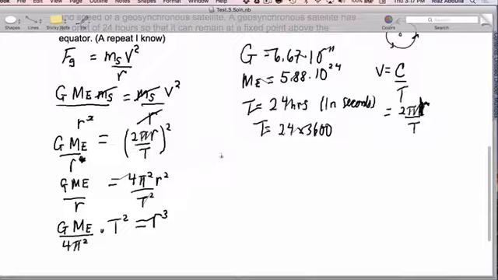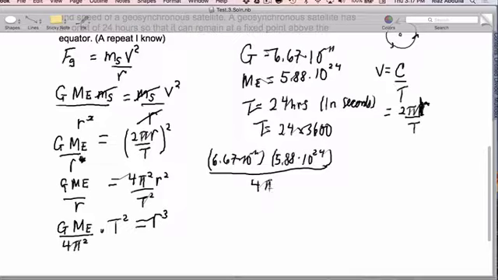So putting all those numbers in, we're going to say 6.67 times 10 to the negative 11th times the mass of the Earth, which is 5.88 times 10 to the 24th, divided by 4 pi squared, and then the time squared is going to be 24 times 3600.